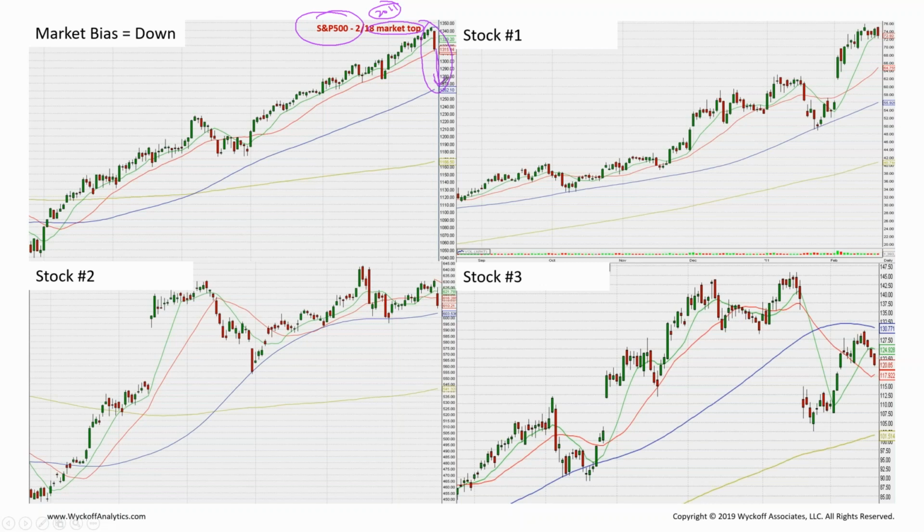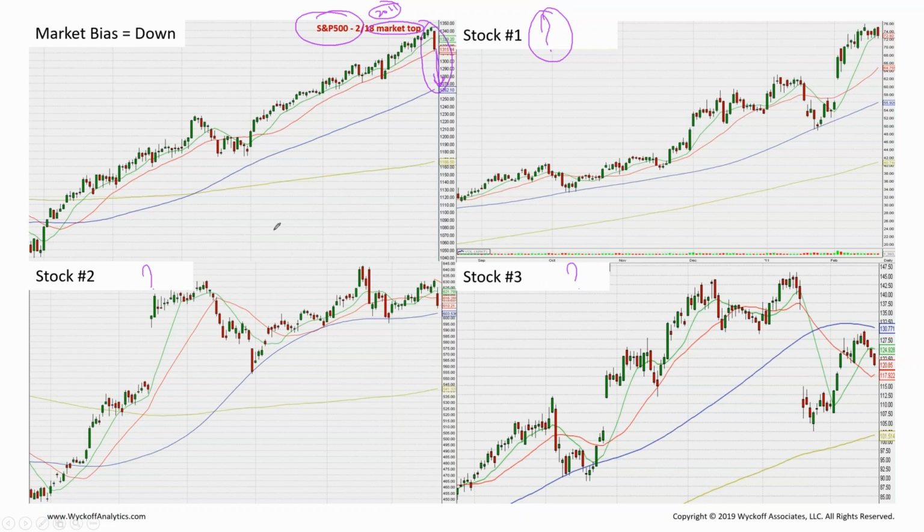So if the price is going to go down, the question that we have is, is stock number 1 going to be the best stock to pick for a swing to the downside? Or is it going to be stock number 2? Or is it going to be stock number 3? Or maybe all of them? You will have to show me.